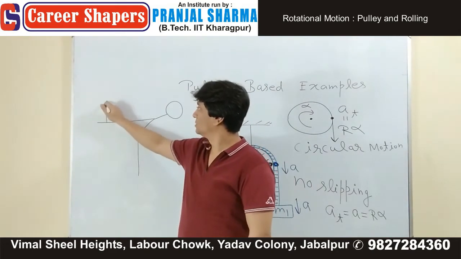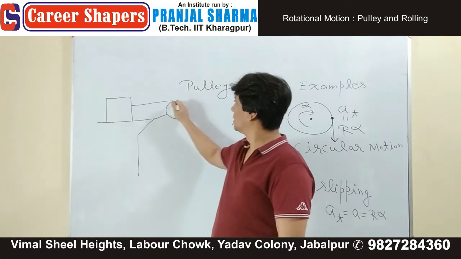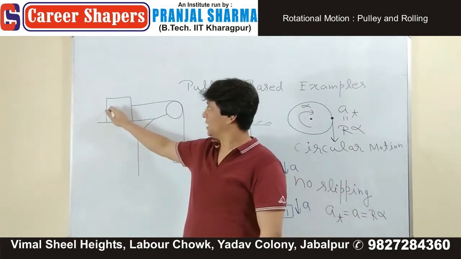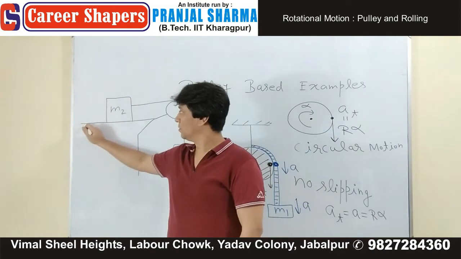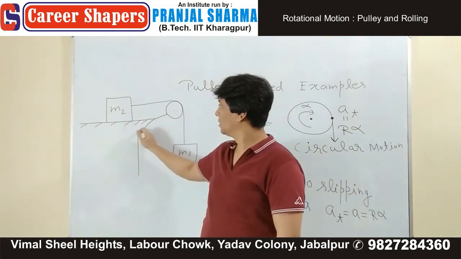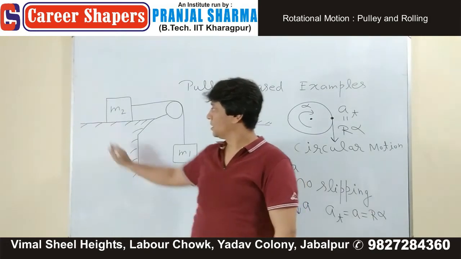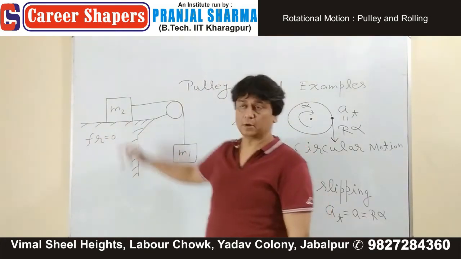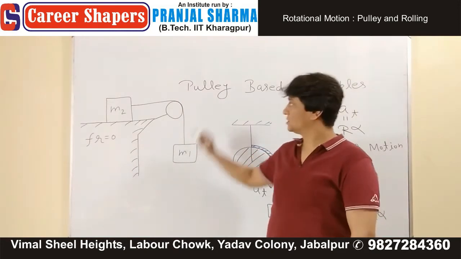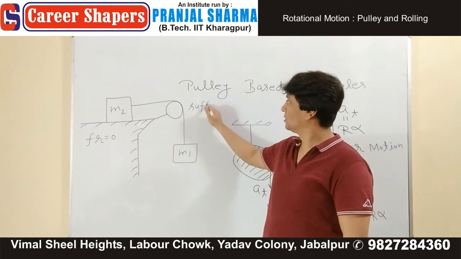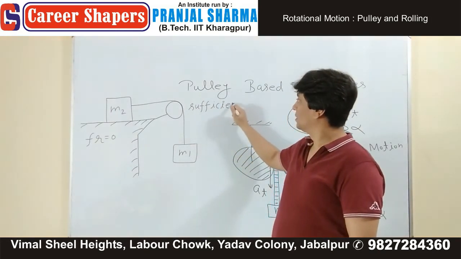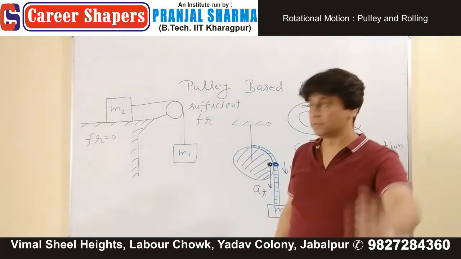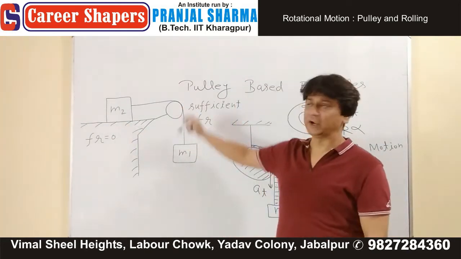There are two blocks, M1 and M2. There is no friction between M2 and the table, but there is sufficient friction between pulley and rope. Remember, no friction, sufficient friction.